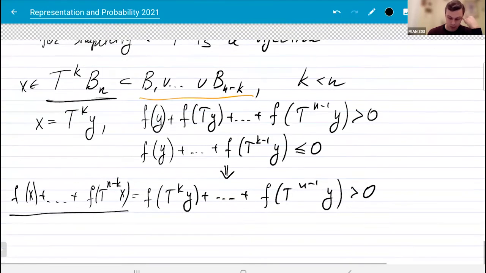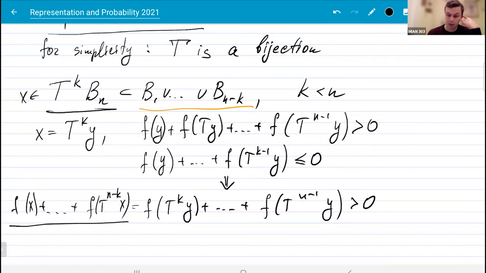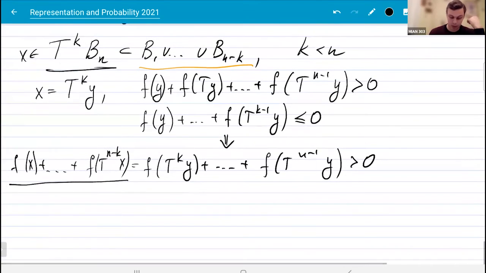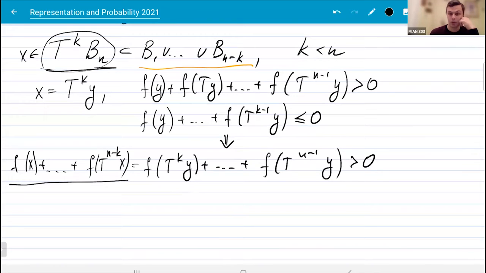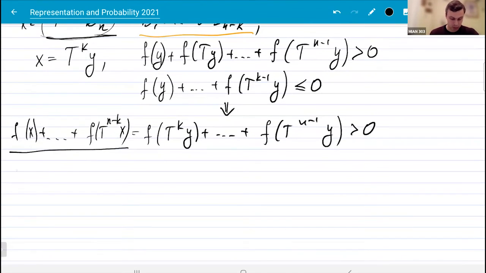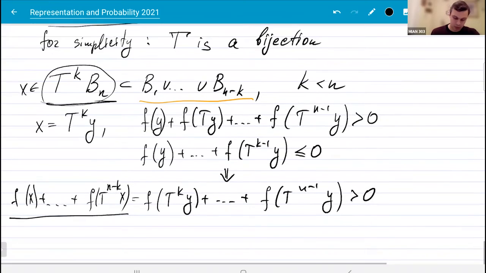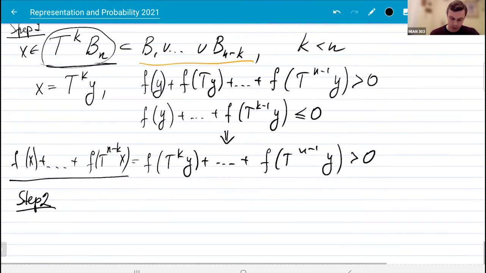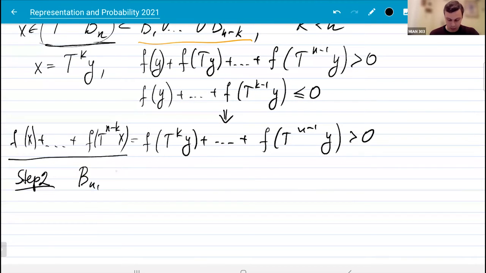Now we can consider the following. By the way, let us also consider now these sets. The next step is that Bn, T Bn, up to Tn minus 1 Bn are pairwise disjoint.